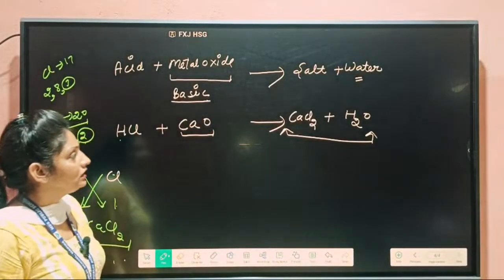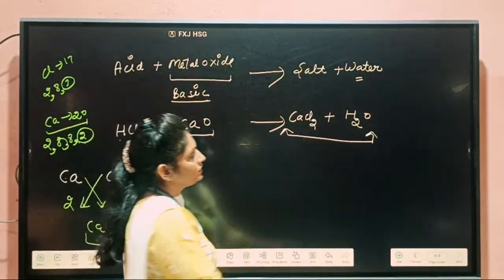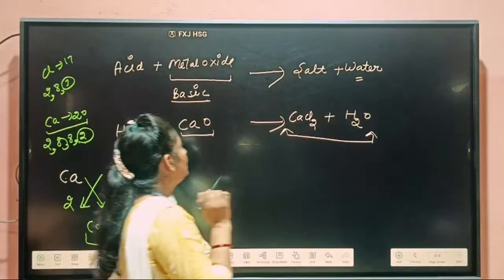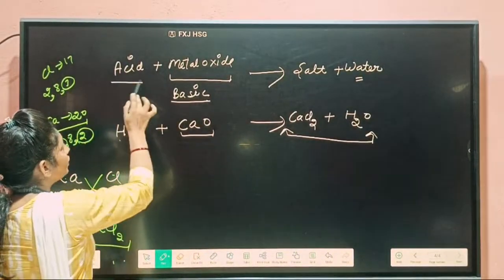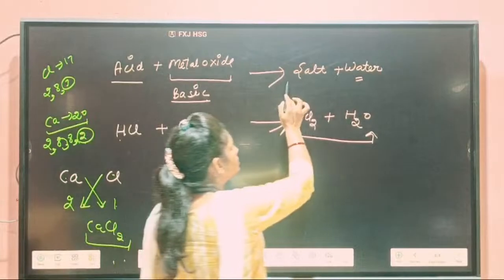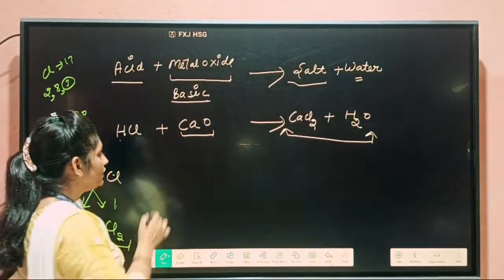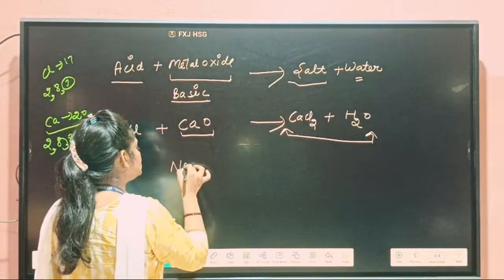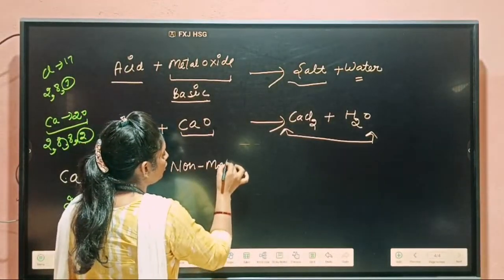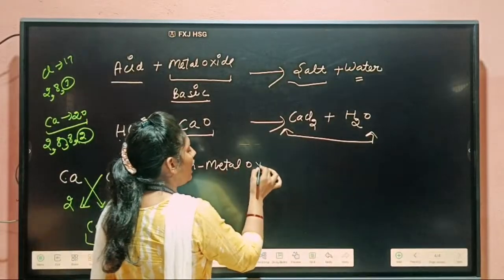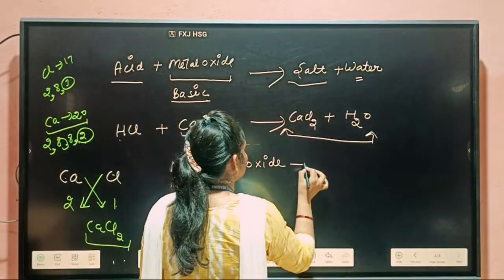Okay, students. Then calcium chloride plus water. So here, if you react acid with metal oxide, then also you will get salt and water. Okay, students. And students, generally non-metal oxides are acidic in nature.